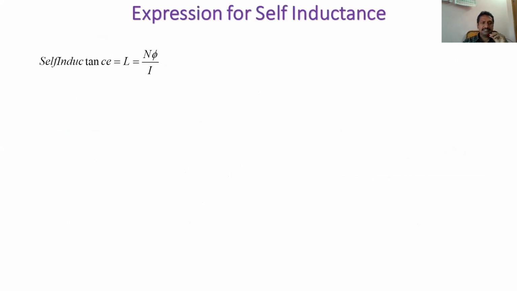Then we'll continue with the expression for self-inductance. Now we know that self-inductance L is equal to Nφ by I. Just now we derived this. Again we know from magnetic circuits, as I gave in the previous video, flux is equal to MMF by reluctance. What is MMF?